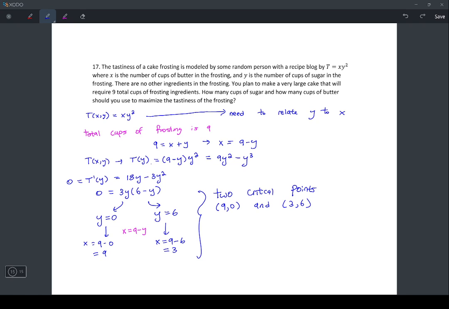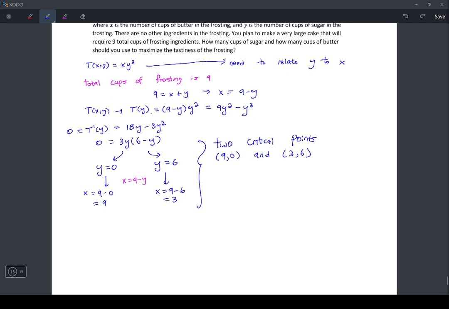To check which one's the max, we could either check the concavity or we could check the output of the function. So if we check the concavity, T double prime of y will have 18 minus 6y. Take the derivative of T prime.